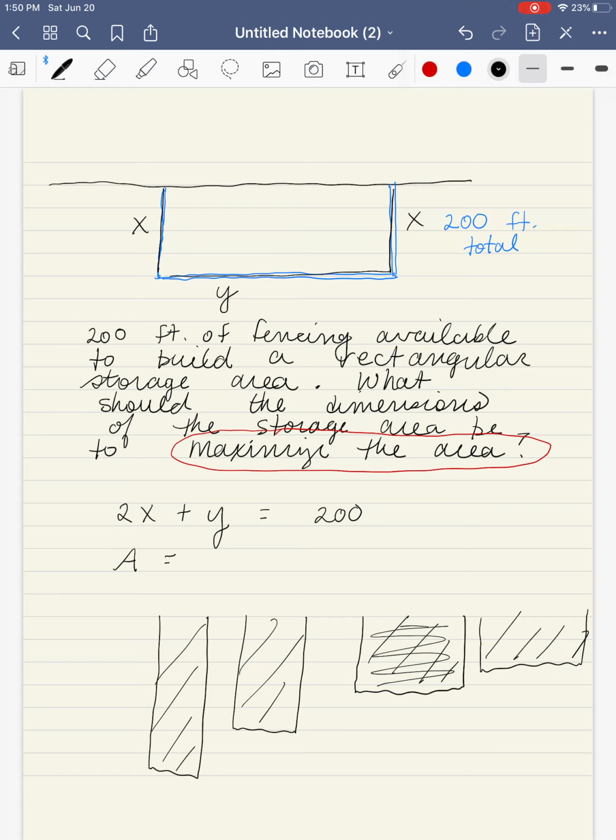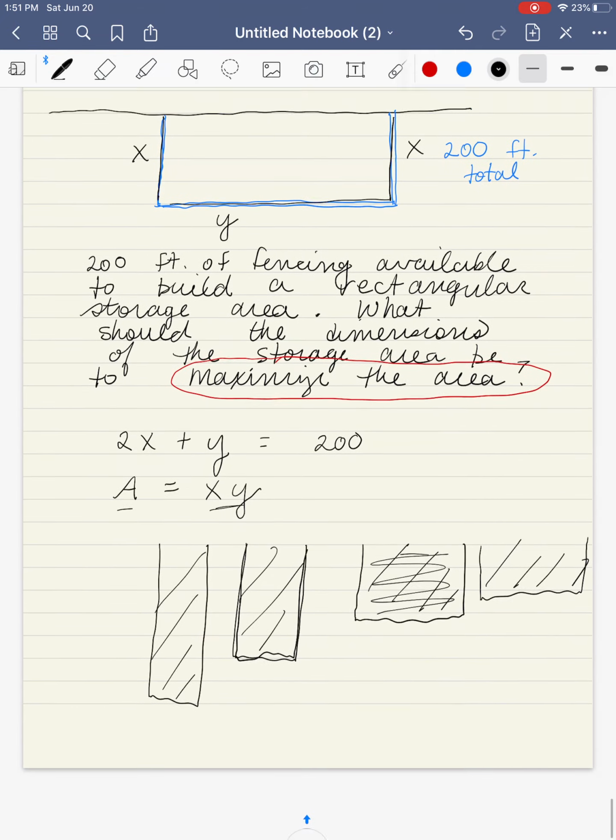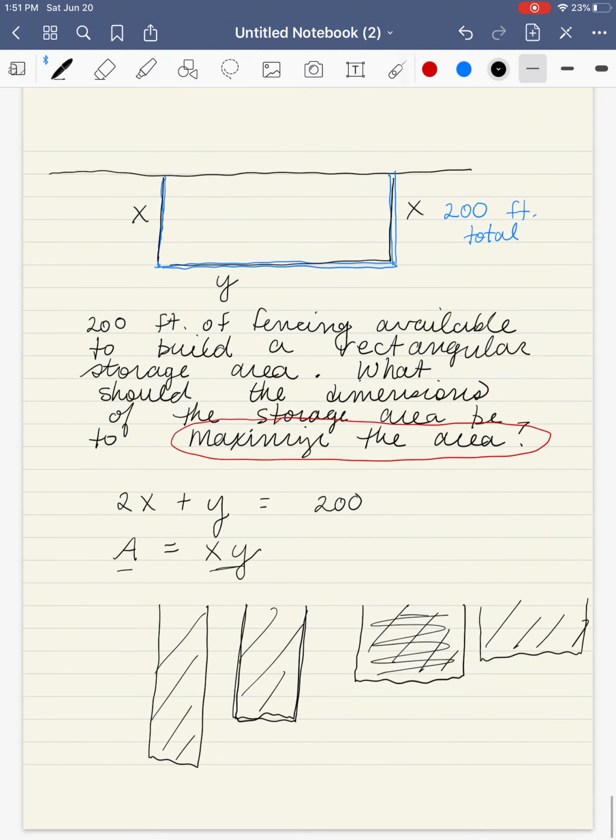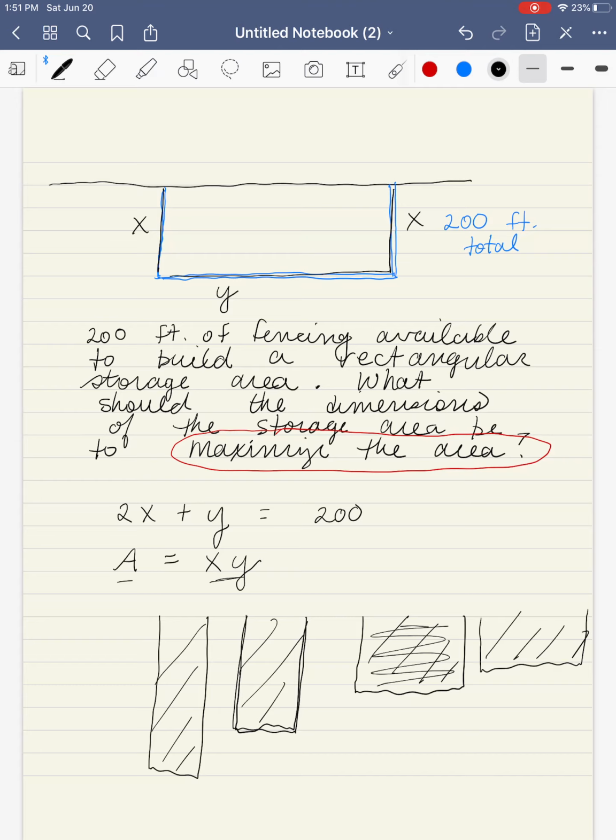So we need an area formula. And remember, the area formula is length times width. I called them x and y, so my area is x times y. But x and y are going to change depending upon how I build the fence. So the area will change. So that means the area is actually a function in terms of x and y.